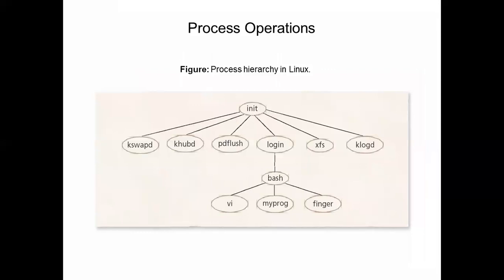Now this is the process hierarchy in Linux. Here you can see the parent process, initialization, init, and here you can see kswapd. These are various commands which we can use for particular operations on this machine, and these commands act as child processes.